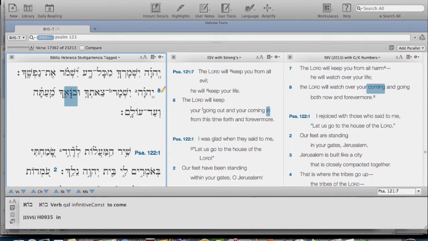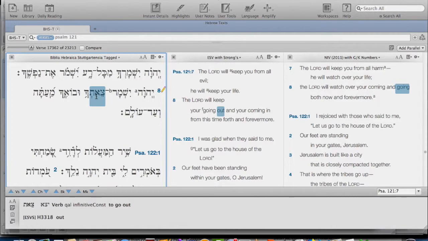guard, then it's essentially your coming out, or your going out and your coming in, or your coming and going is another way you can translate that. And so the function of these phrases, these are essentially the accusative case, okay? And so this would be 3.4.1a nominal, where these are functioning essentially as nouns that have this verbal idea built into them.